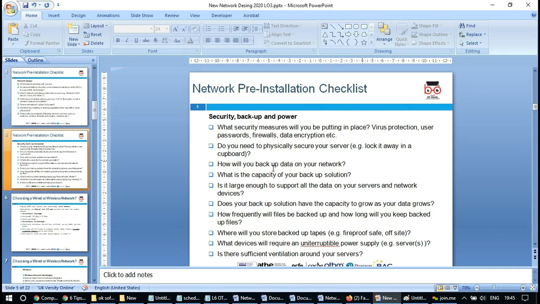On your network, there are lots of backup options: maybe remote backups, backing up on tapes, or backing up onto storage devices. And what capacity of backup do you need? Is it large enough to support all the data on your servers and network devices?